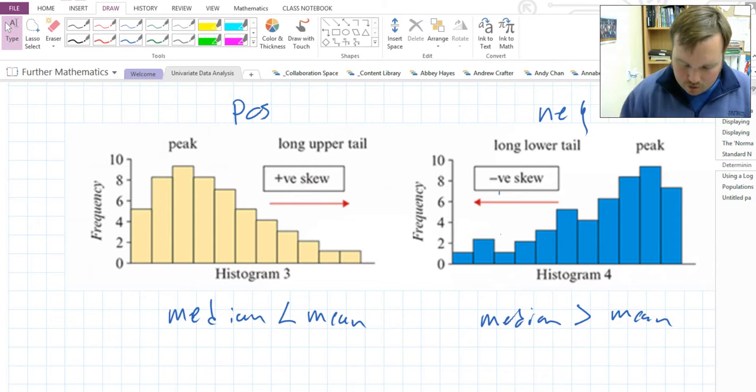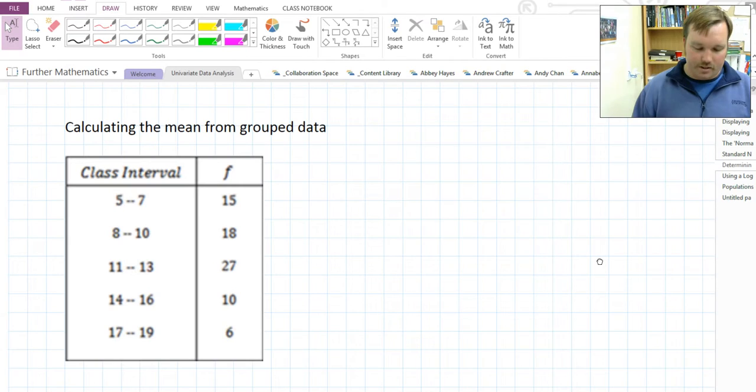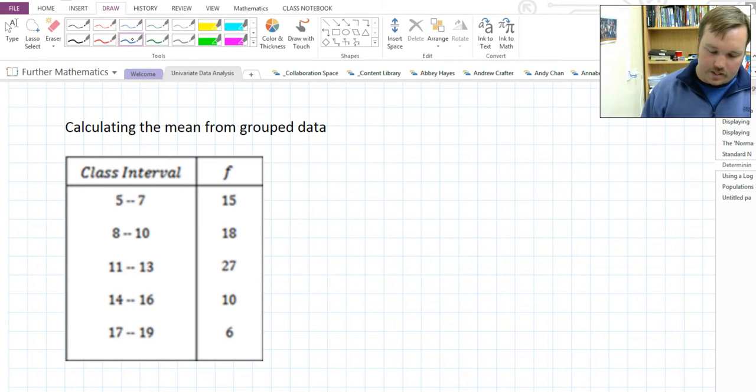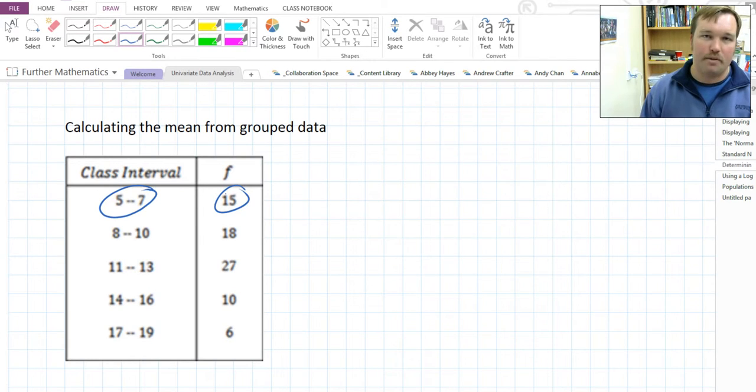Alright. Final little item. Calculate the mean from group data. Now, this you may or may not have seen before. It's a trick that once you've seen, hopefully you won't forget. So, what this is saying is that in between 5 and 7, there are 15 items. Our issue is we don't know how many of the 15 are 5, how many are 6, how many are 7.